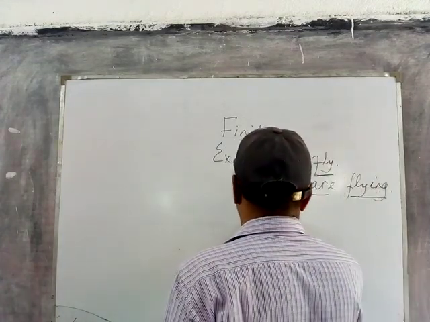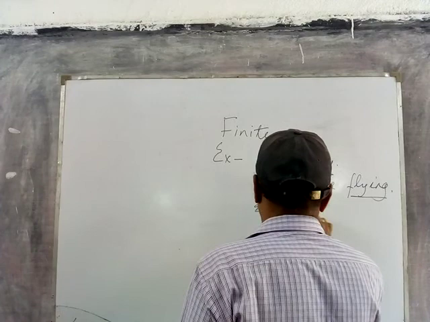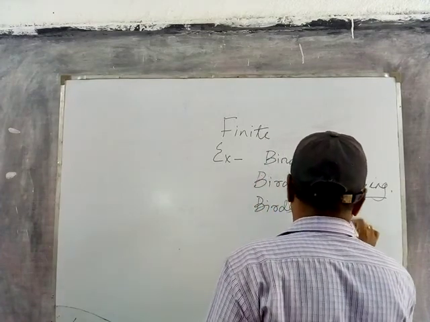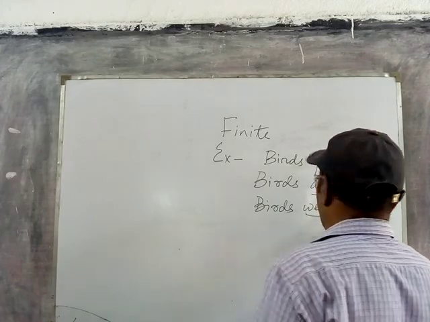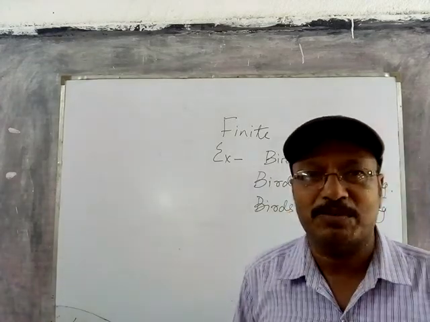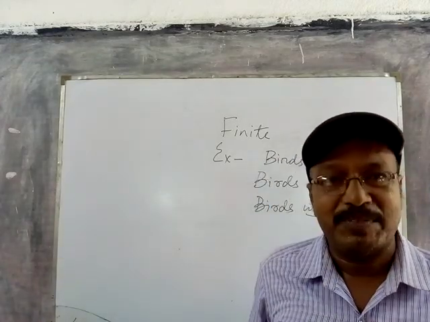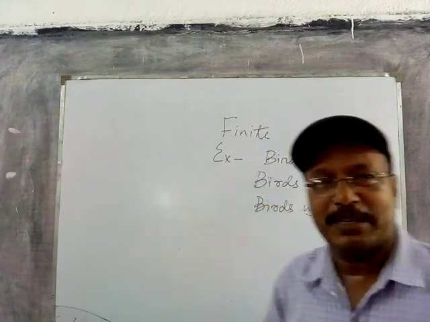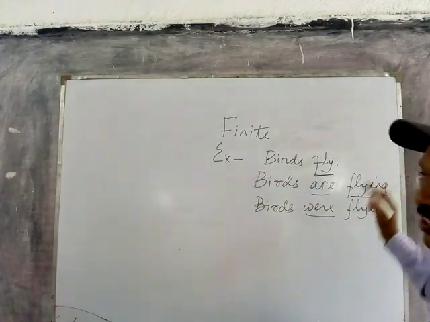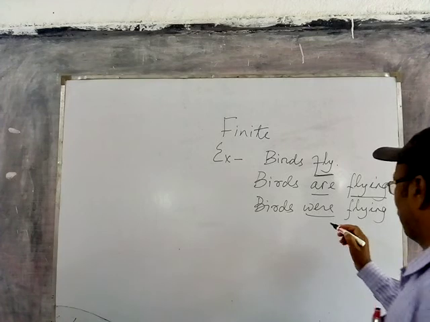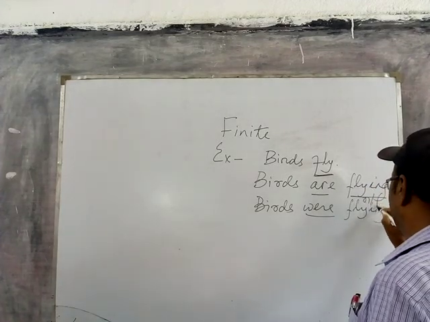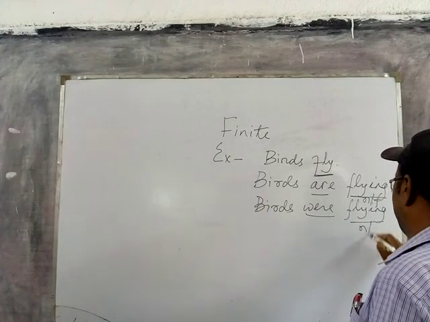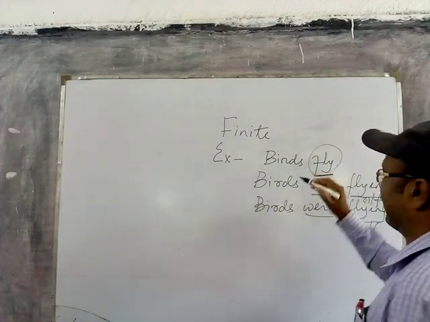Birds were flying. Here we are referring to past tense, but the verb flying shows no tense. So, flying is the non-finite form of the verb, but in the first example, fly is the finite form.